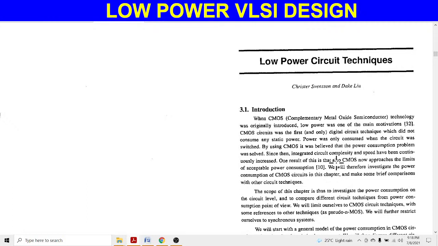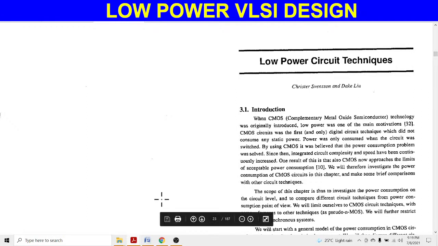The dynamic power dissipation can be divided into two types. One is the power dissipation due to the switching of the transistor, and the second one is the power dissipation due to the short circuit current. These are the two reasons to generate the dynamic power.